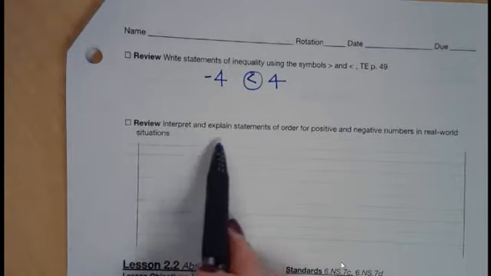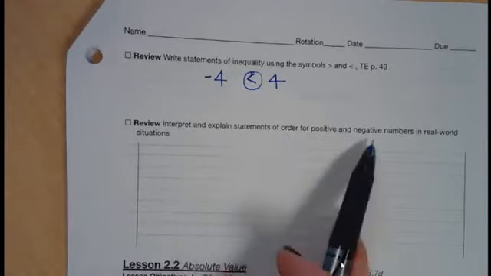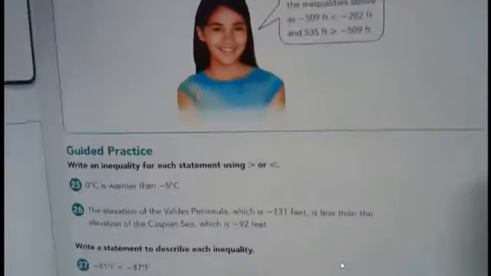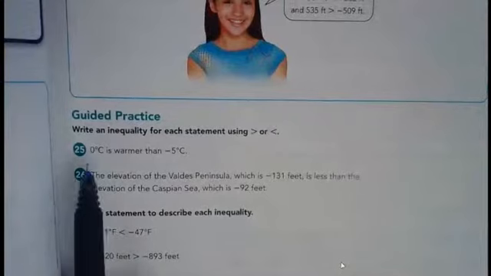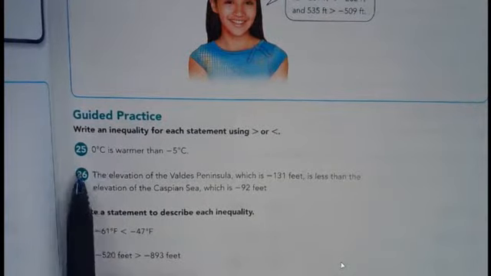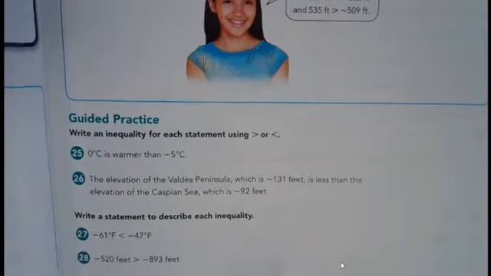And then interpreting and explaining statements of order for positive and negative numbers in real world situations. The Learn section for that is right here on page 50. And we're going to go right over here to the guided practice for those. So we're going to do number 26 on page 51.